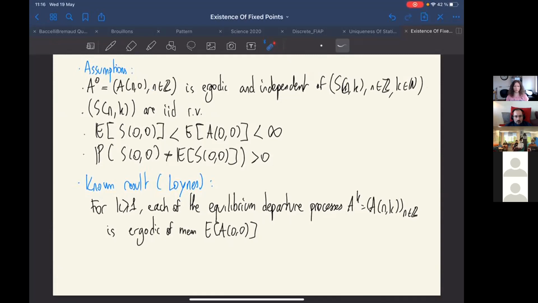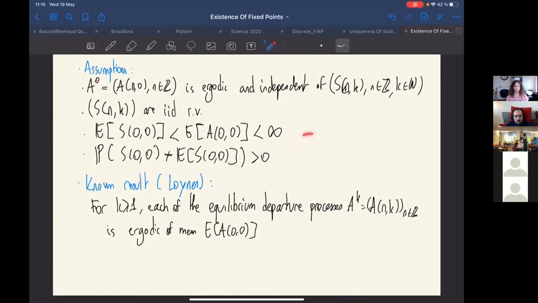You assume, so this is the GI hypothesis, that the S_n^k are i.i.d. random variables. So S will always refer to the service processes and A will always refer to arrivals. You assume for stability, but I'll mention that later, that the mean service time is less than the mean inter-arrival time, and it's finite.